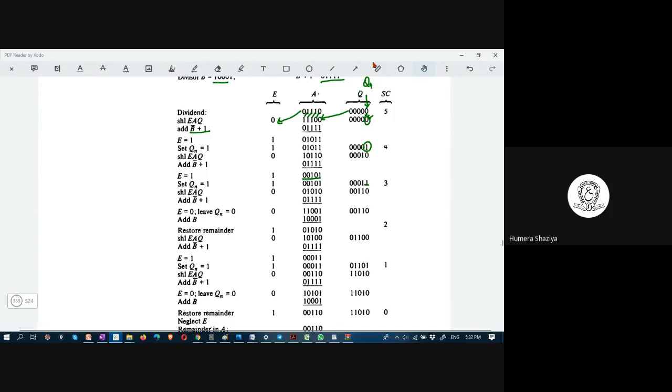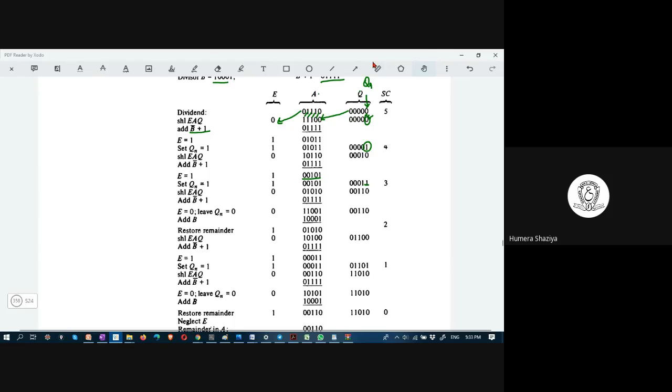When it receives a value 1, Qn receives a value 1, and shift operation is performed. Effectively here, subtraction implemented through 2's complement addition is carried out, and this process continues.